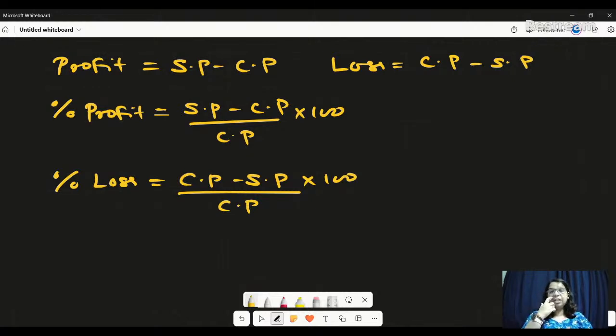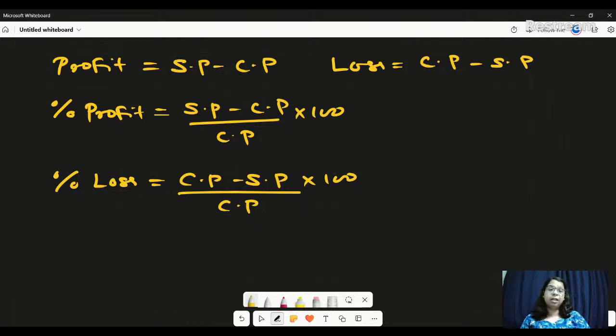So these are the two formulas for percentage profit and percentage loss. Now this is the first application of percentage that we are going to do today, and if time permits we will do simple interest also, which is another topic of application in percentage.